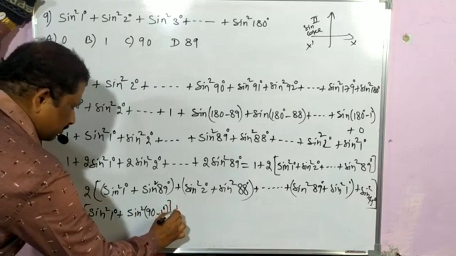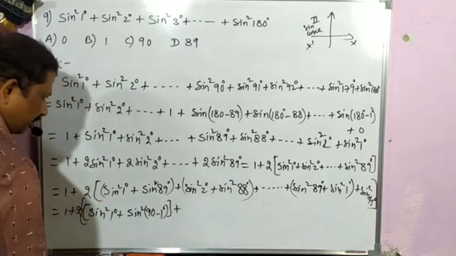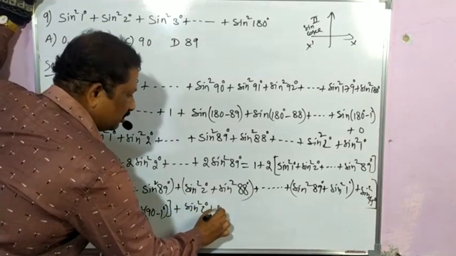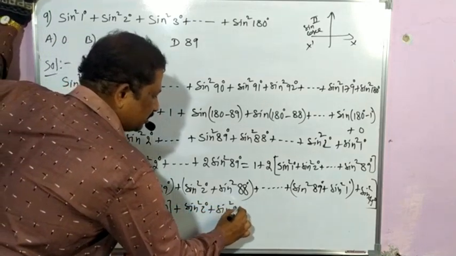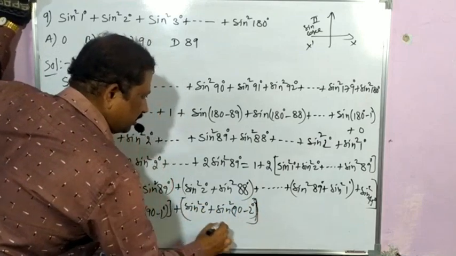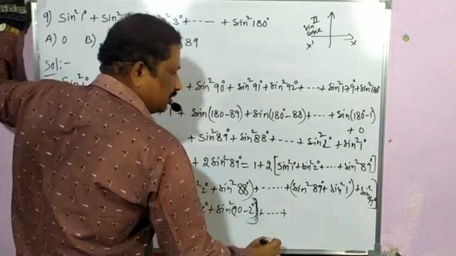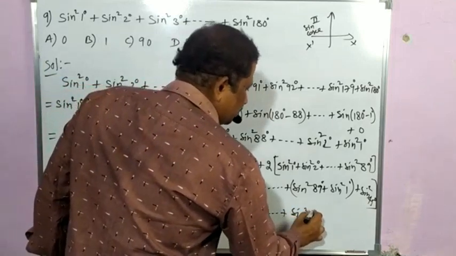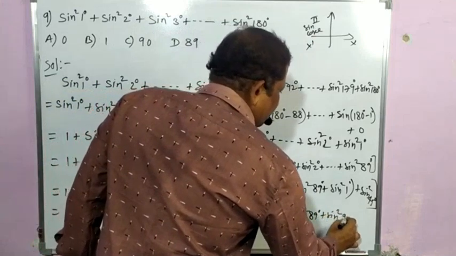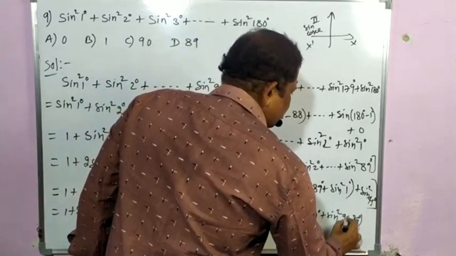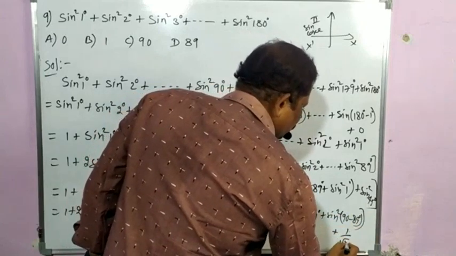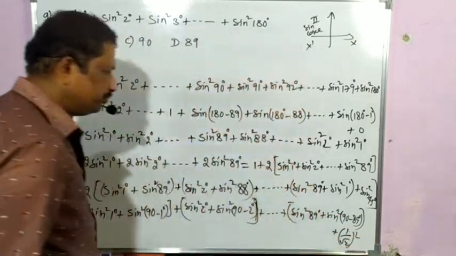Same way, sine square 2 degree plus sine square 90 minus 2 degrees, and so on, plus sine square 89 degrees plus sine square 90 minus 89 degrees. The sine square 45 degrees becomes 1 by root 2 whole square.